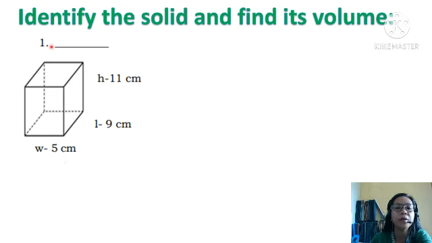Rectangular prism is length times width times height. You have here length, width, and height. Length times width times height must be substituted with a number given according to the problem. So as you can see, you have there the given data for width, length, and height.